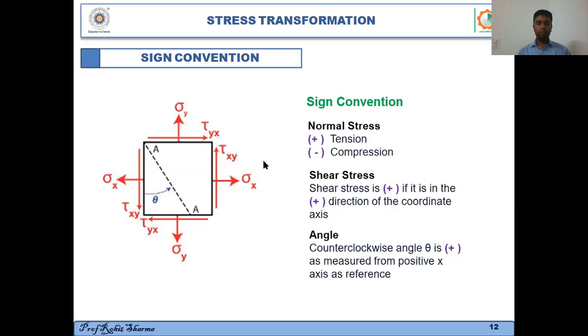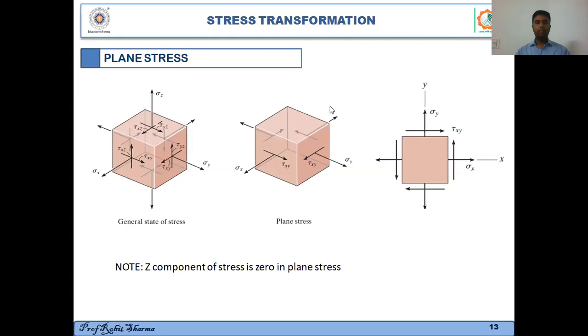So let's move on to the next slide. Many times we have a case of plane stress. What is a plane stress? We have seen the general state of stress on a 3D block or a 3D element, right?